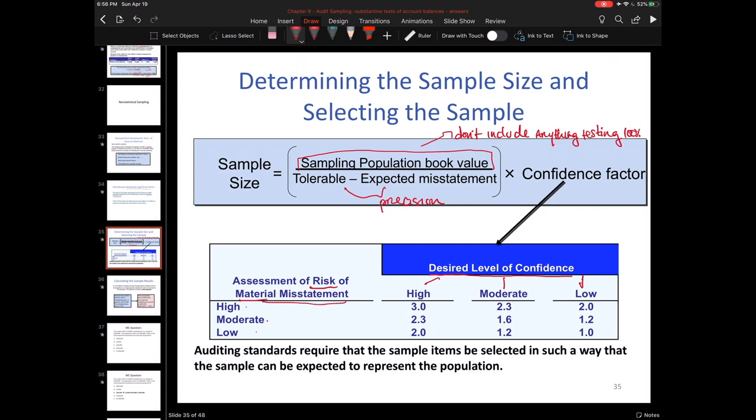Remember, the 2 things going into this will be the IR and CR of the account. So things like how good the controls are will come into play. Based on these 2 things, RMM and desired level of confidence, you'll come up with your confidence factor, which is also going to go into the formula.